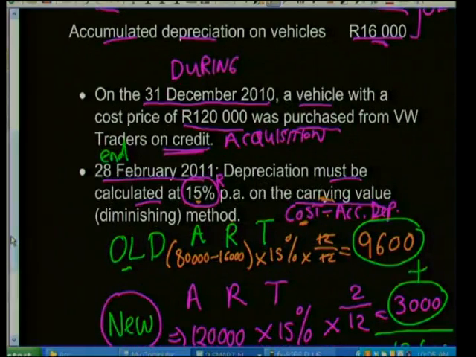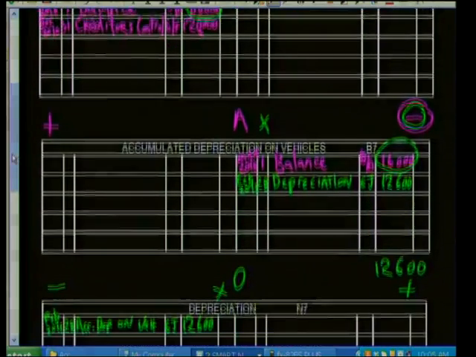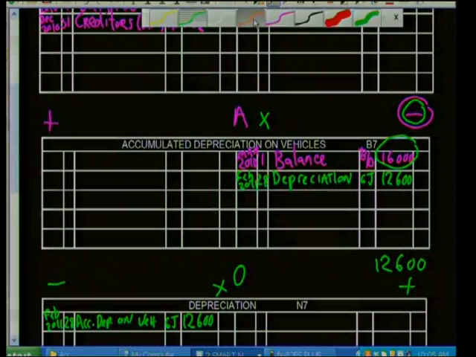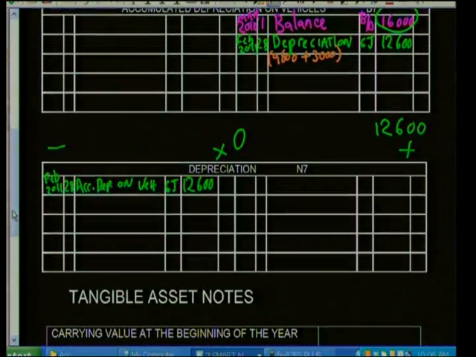So if we go back to how did we get the 12,600, it was obviously a sum where we added 9,600 plus 3,000. So I'm simply going to take these figures through to my ledger, and I'm going to show a bit of bracket work. So this amount was calculated by me taking 9,600 plus 3,000, and that's how I got the 12,600, and I'm going to do the same here as well.